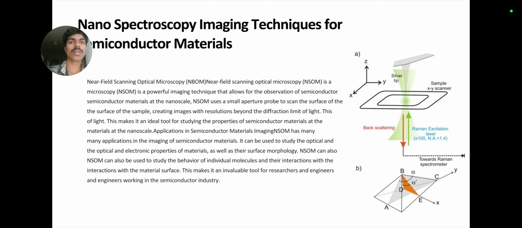For a clearer explanation, you can look at images A and B of the nanospectroscopy imaging technique. So these were the techniques, and now let us go into another slide for more information.